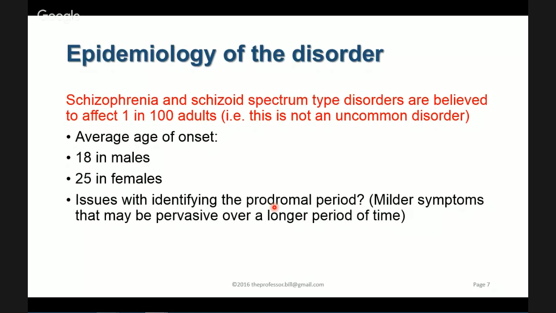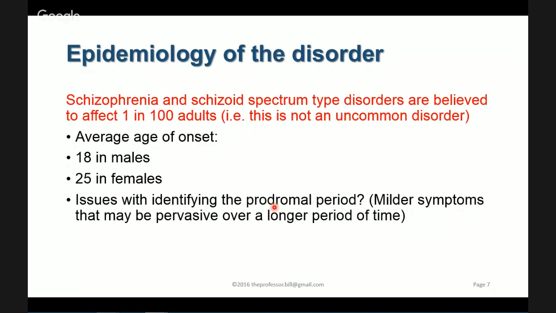But in fact, even if you don't see those, there are probably individuals that are going through schizophrenia, as this is a very prevalent disorder. 1 in 100. It means that at some point in this class, you're going to encounter someone who has had schizophrenia or these schizoid spectrum disorders, okay? So that's one of the reasons why we're really interested in this.